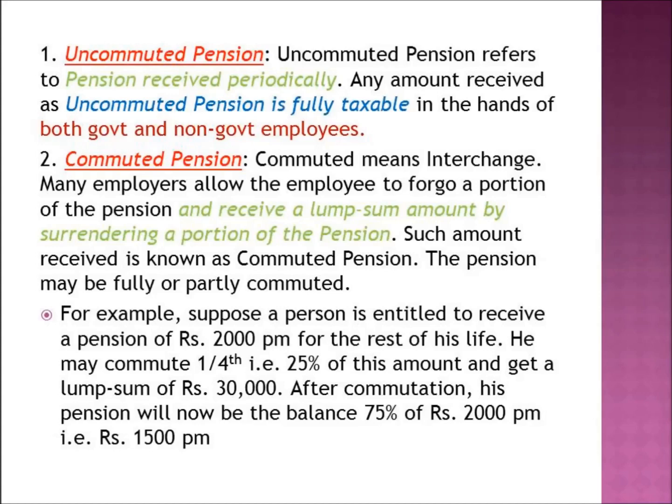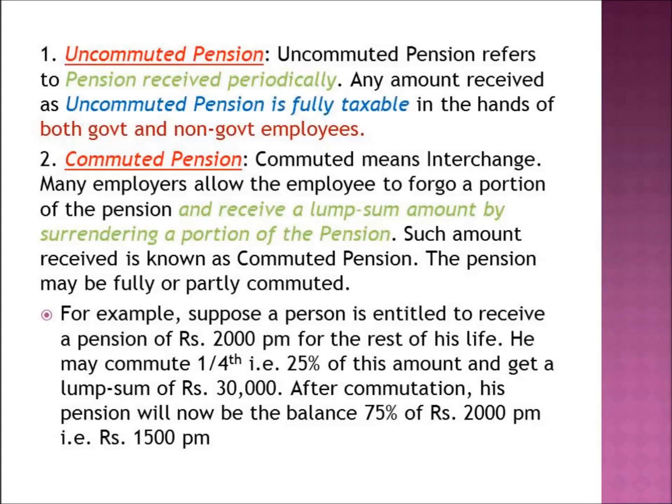And we have also learned that any amount received as pension is fully taxable in the hands of both government and non-government employees. In the previous slide also it was given that any type of pension received periodically, either from the employer or the pension scheme or from any other source, is fully taxable.